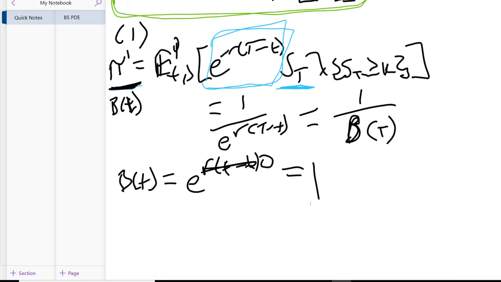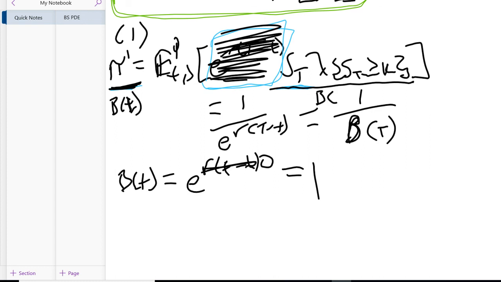So why is it important to think about it like that? Think about this being gone, and so it's this whole thing divided by B(T), and then this part here again divided by B of little t. What we're going to do here is change numeraire. Right now we're under the measure Q. Let's change to QS. Why does that help?